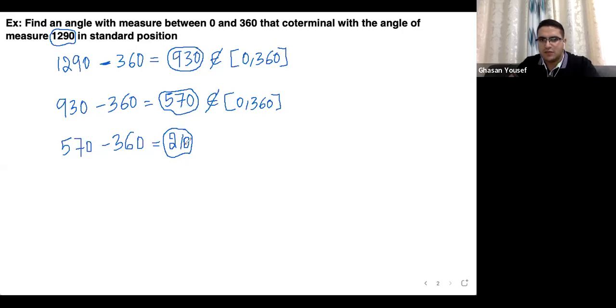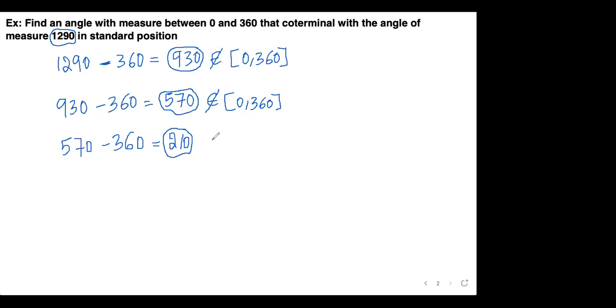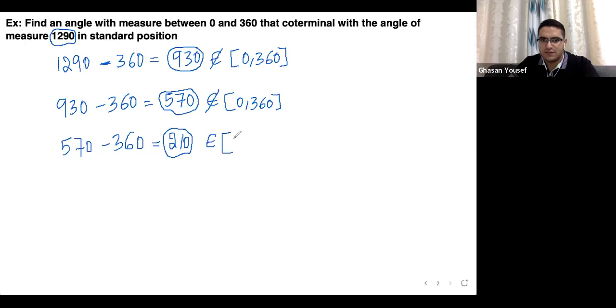Is this angle between 0 and 360? Yes, exactly. So this is my answer for this example. So the answer is 210. So the question is: find an angle with measure between 0 and 360 that is coterminal with the angle 1290. It is 210.